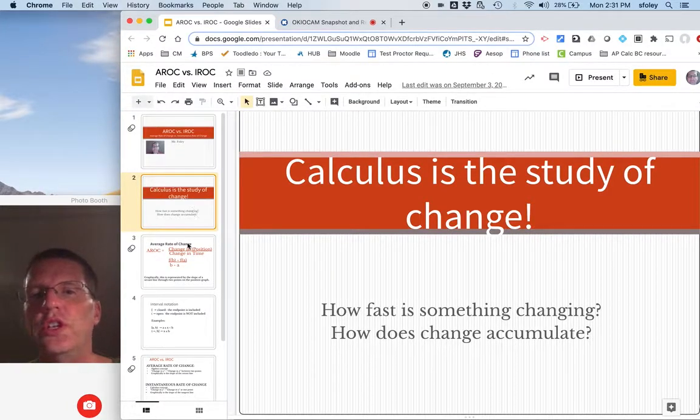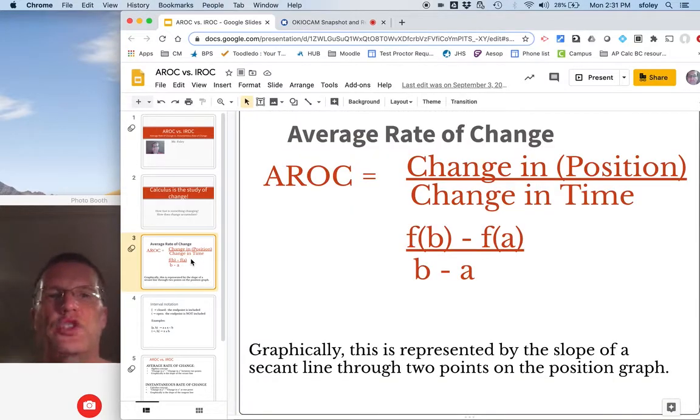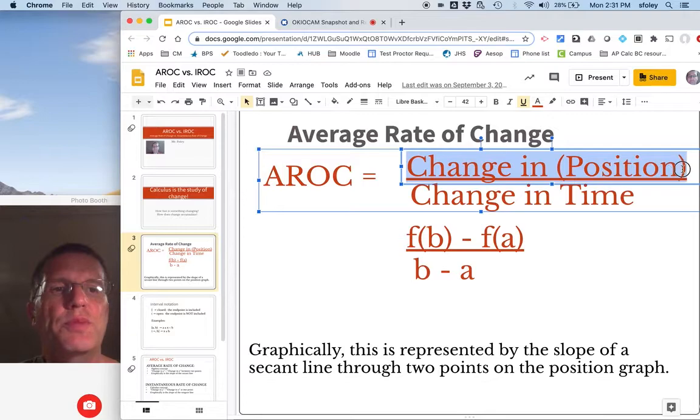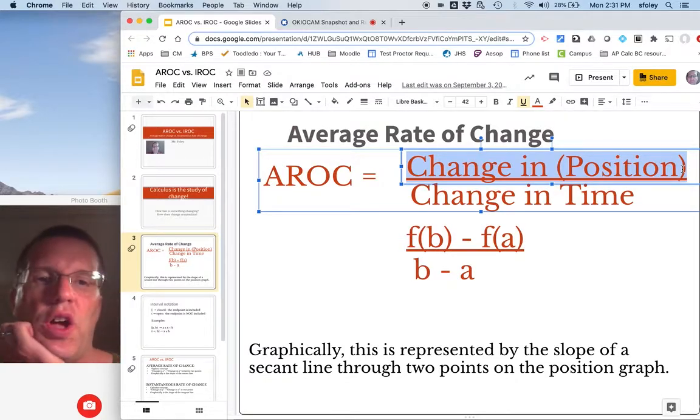And so the two big ideas are average rate of change, and this actually isn't a calculus concept, it's an algebra concept. It's basically a slope formula, which may look familiar to you. So average rate of change is the change in something. The standard example is position, but as we'll see, it can be lots of other things, divided by the change in something else.